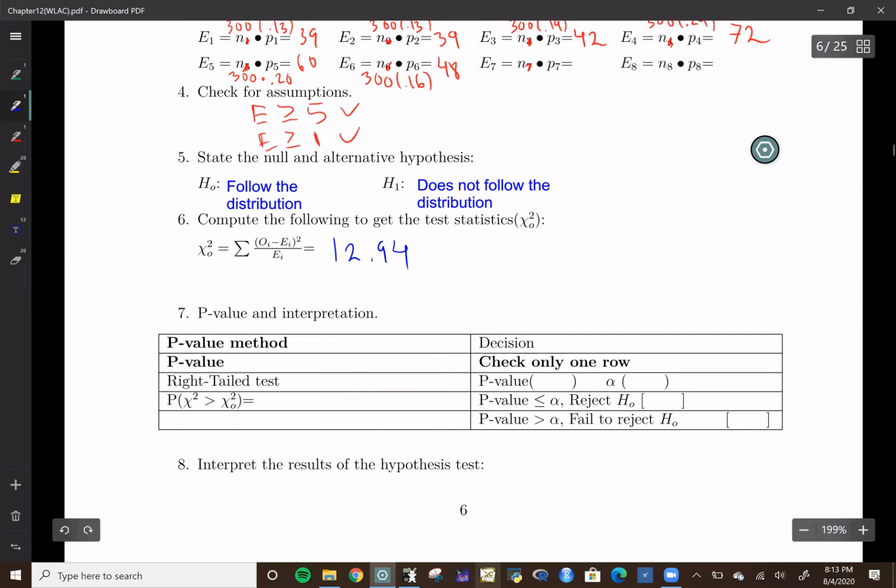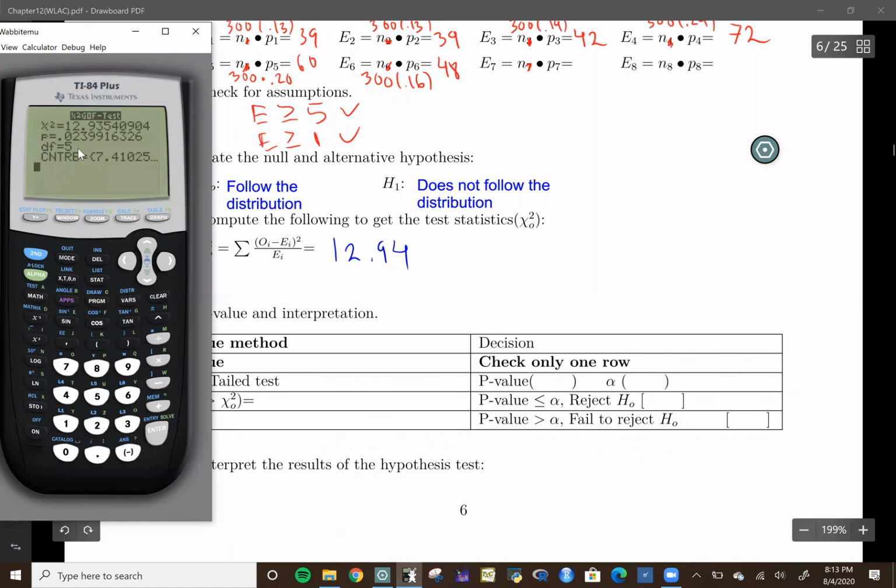All right. Also, you get a p-value. The good thing about the chi-square distribution is that it will always be a right-tailed test. It's not going to be a left-tailed test or a two-tailed test. It's always going to be a right-tailed test.